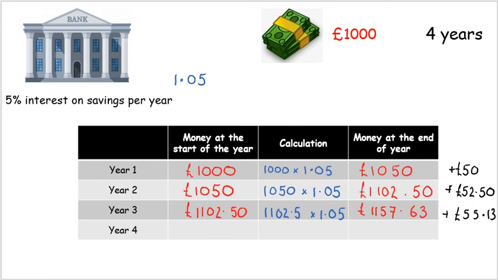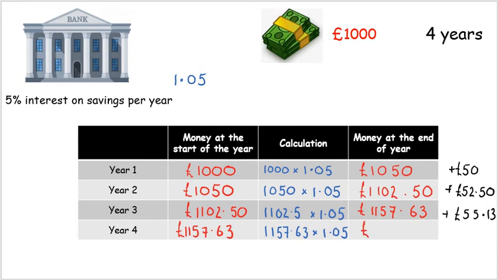And then going into year 4, we're starting off year 4 with £1,157 and 63 pence. We are now applying the same 5% increase. Obviously it won't be the same amount we're adding on. So 1,157 and 63 multiplied by 1.05 to give us that 5% increase.